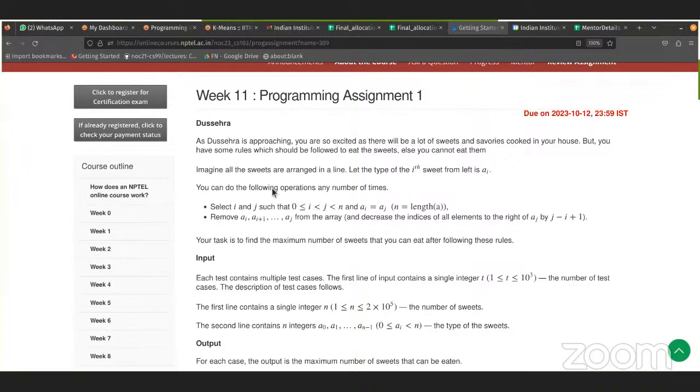So we have A1, A2, A3, where A1 is type 1, A2 is type 2, and so on.